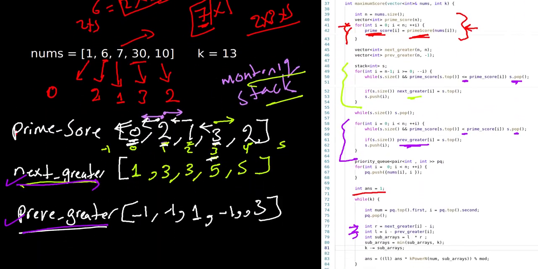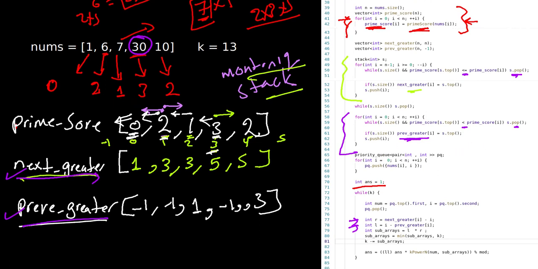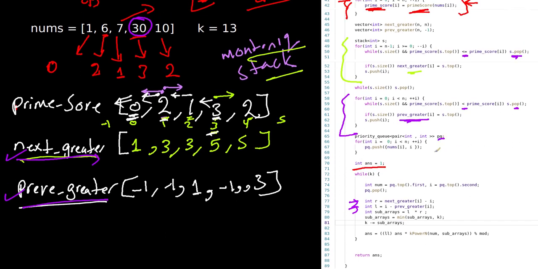and as we said at the start, we have to take advantage of the number that has the maximum value, and to do that we need a max priority queue, or you can sort an array, both work. In this case we have a max priority queue, in which we push each number with its index.